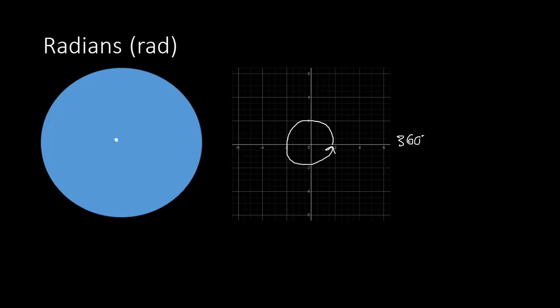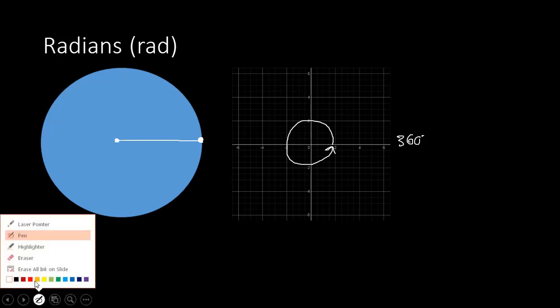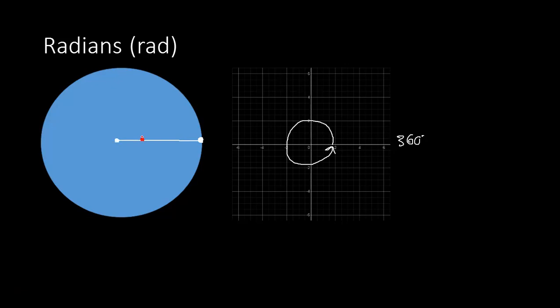So that means, assuming this is the center, this is the initial side, then the terminal side will start from the initial side going around up to the initial side again. So it's one whole rotation. So one whole rotation, you will form 360 degrees. So how are you going to interpret this one in radians? All right. So since we are talking about arc length and radius, assume that the initial side is the radius.